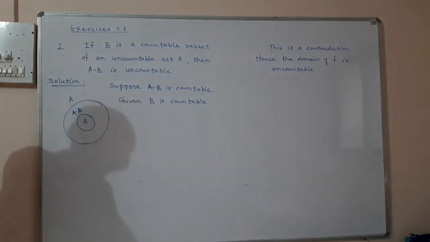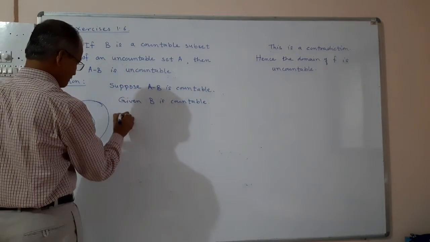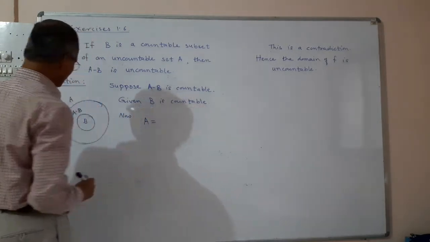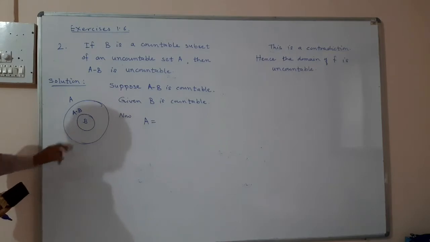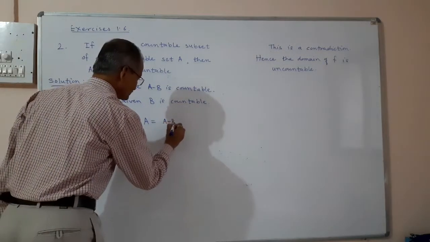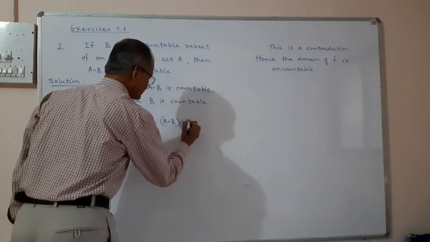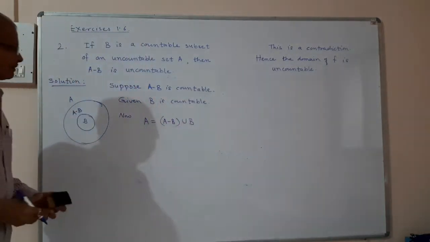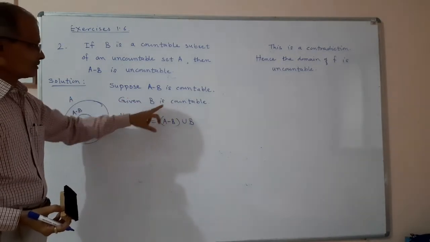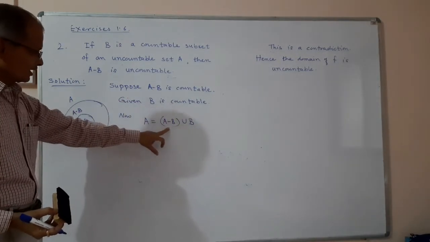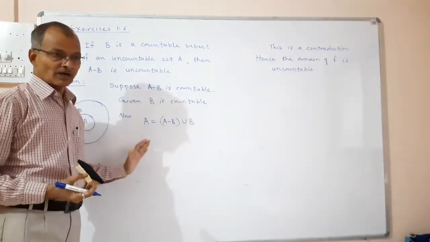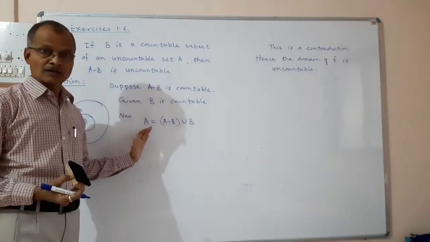And now you see A is equal to the union of these two sets, A minus B union B. Then A becomes the union of two countable sets. A minus B is countable, B is countable. So A is the union of two countable sets, and we have the result earlier: union of countable sets is countable.